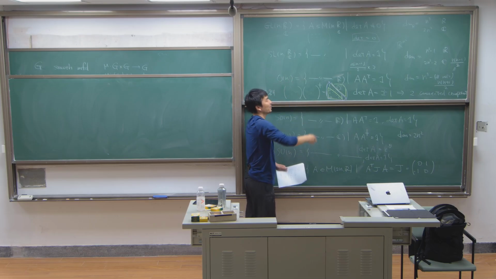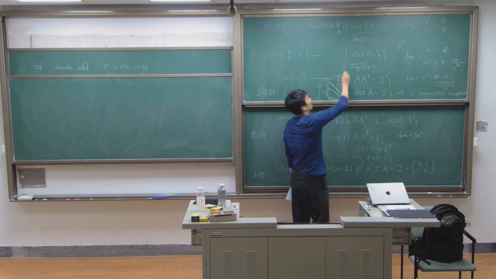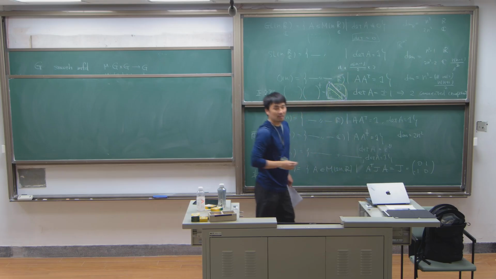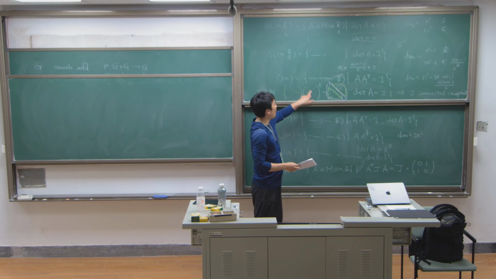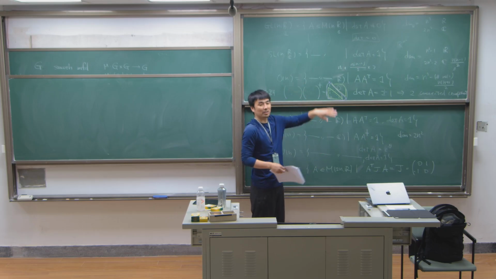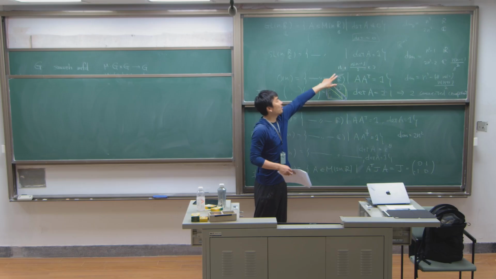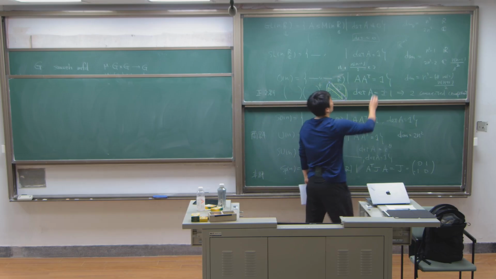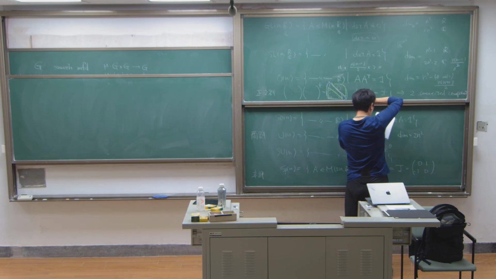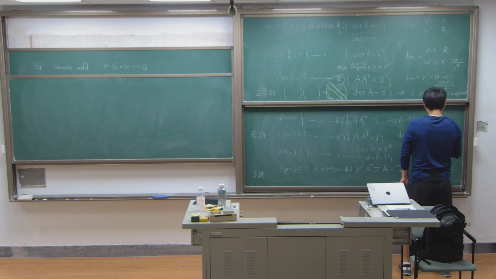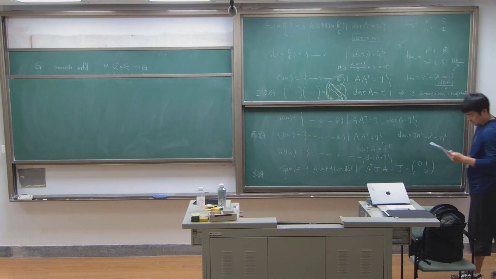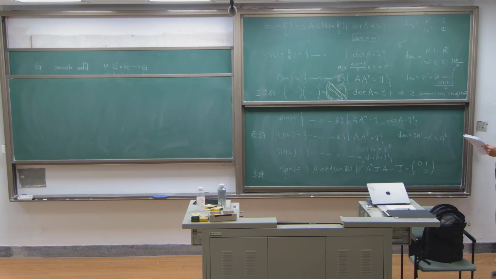Therefore, what you get is only a real relation. If you multiply A and A dagger, the diagonal is always real. So you have n relations. This is equal to n squared. Therefore, 2n squared minus n squared gives n squared. Is it okay? So that's U(N).